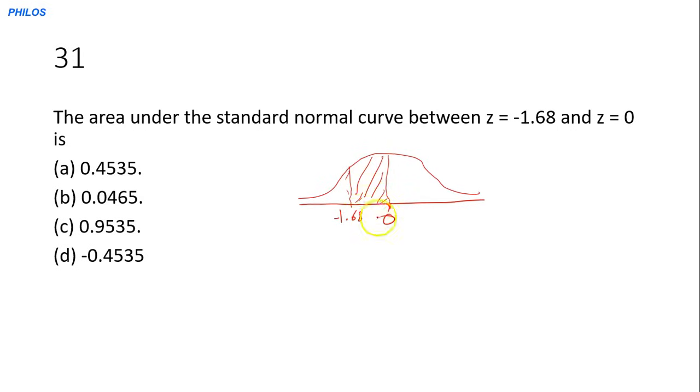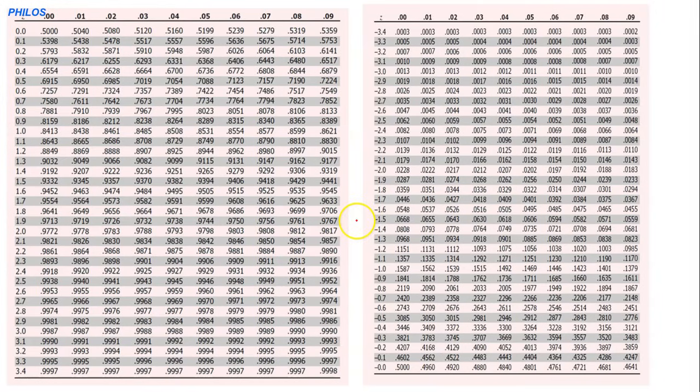So to get the area between, we know the area to the left of 0 is 0.5. And the area to the left of negative 1.68 will be, so let's check it, negative 1.6, then 8.